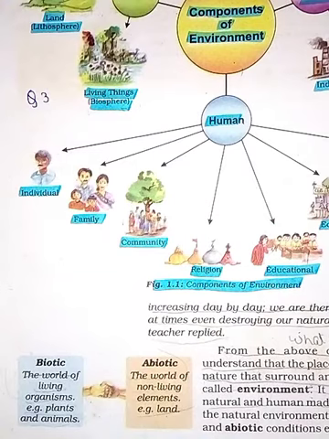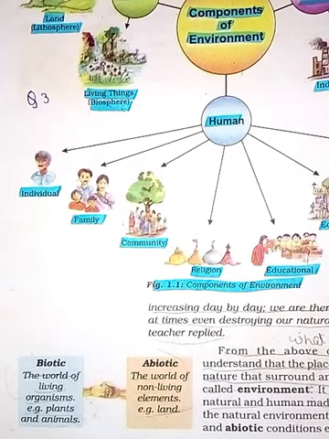Now let's read what is biotic and abiotic. Biotic is the world of living organisms, for example, plants and animals, and abiotic is the world of non-living elements, for example, land, water, etc.